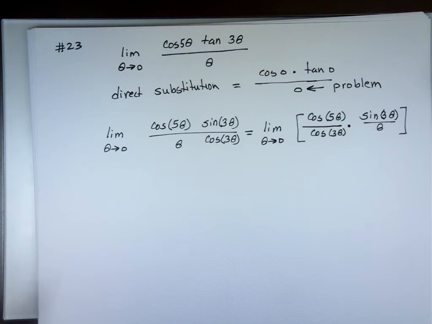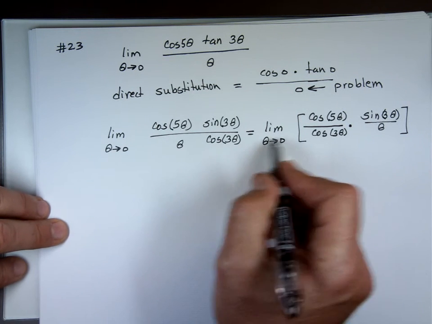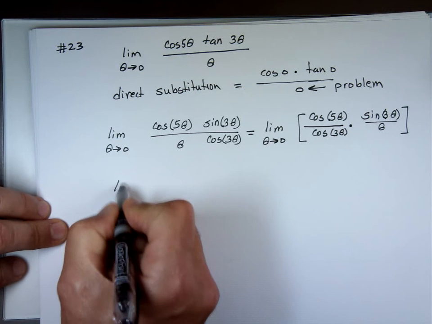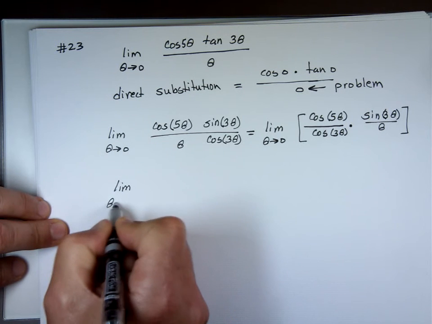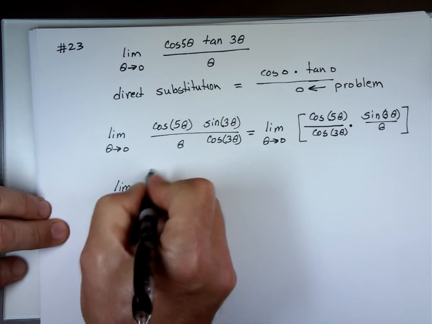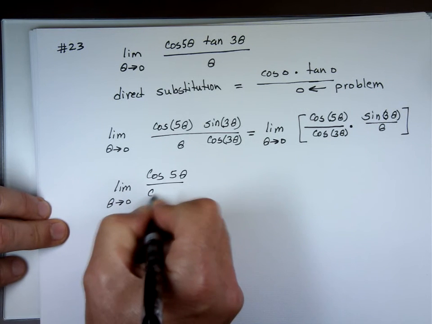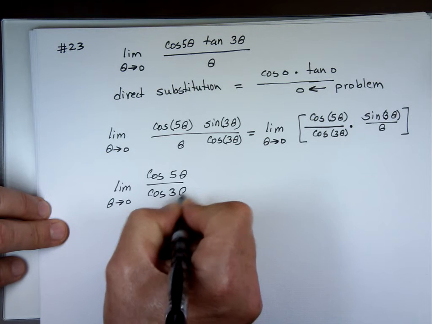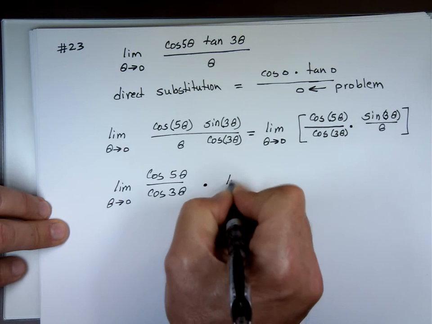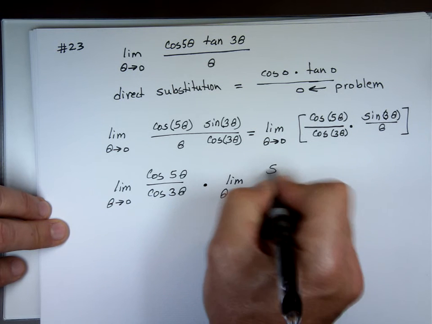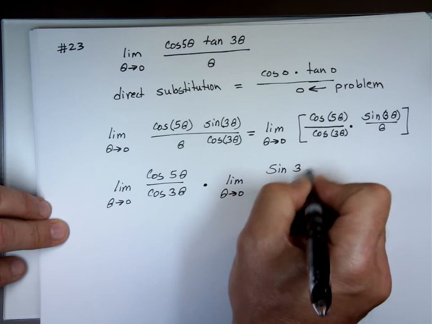Now I can break it down using that property, break it down to the limit of the first, the limit of the second. Cosine of 5 theta over cosine 3 theta times the limit as theta approaches 0 of sine 3 theta over theta.